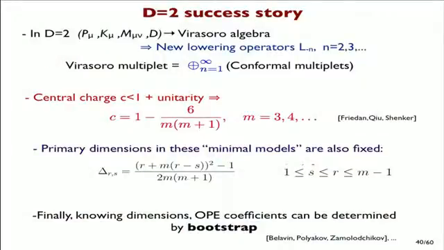So this conformal bootstrap idea was, of course, realized in 2 dimensions, but unfortunately using some extra tricks. The way it works in 2 dimensions is that we have the luxury of having all these extra raising and lowering operators, which allow us to form much bigger multiplets, Virasoro multiplets.